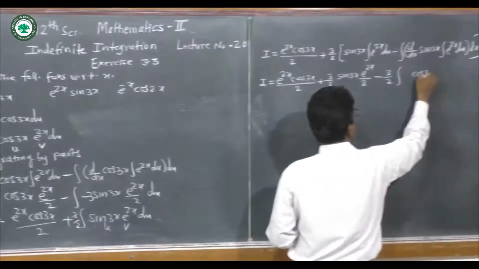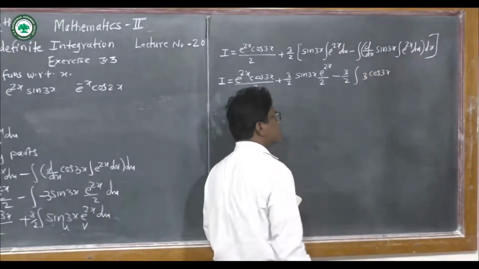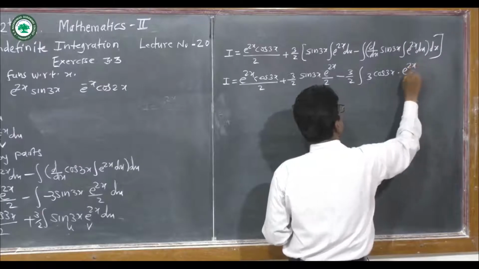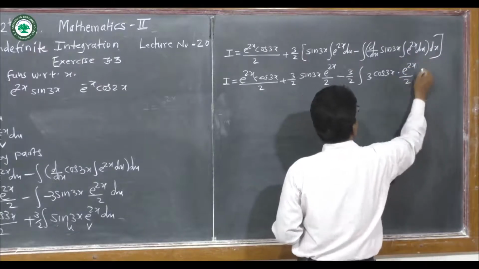So cos of 3x, so take the derivative of 3x, that is 3, so 3 into cos of 3x. Here integration of e to the power 2x is e to the power 2x divided by derivative of 2x, that is 2, and this dx as it is.